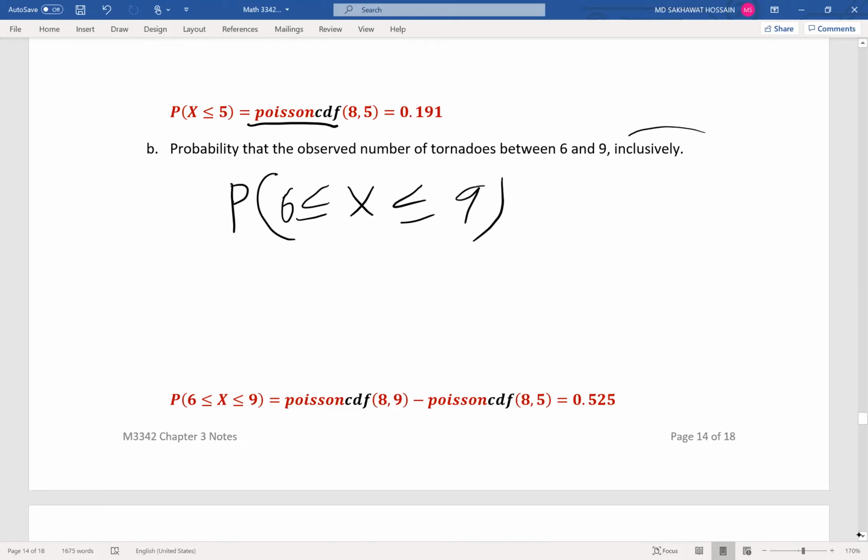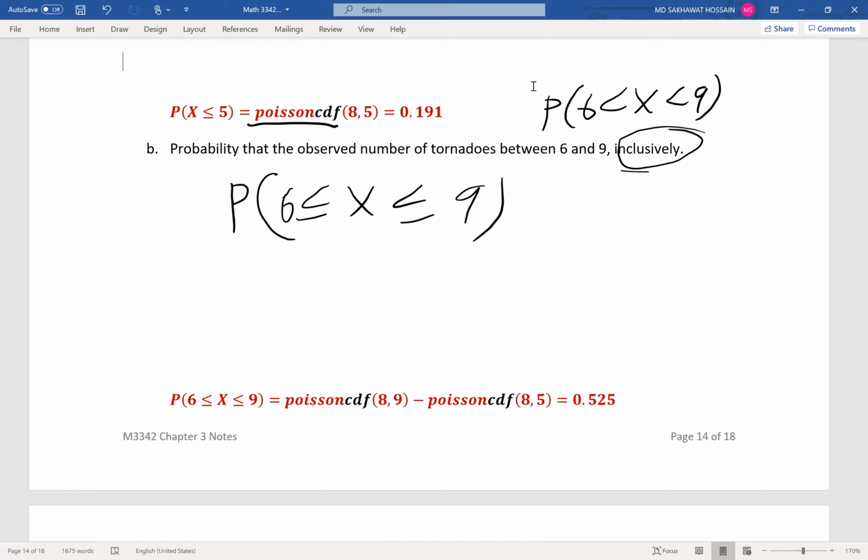If you do not have this word, if you have just between 6 and 9, that means probability 6 less than x less than 9. So you will find the probability only when x is between these two numbers, x not equal to 6 and not equal to 9. But if you have inclusively, that means x is also equal to 6 and x is also equal to 9. So now you have to find this probability.